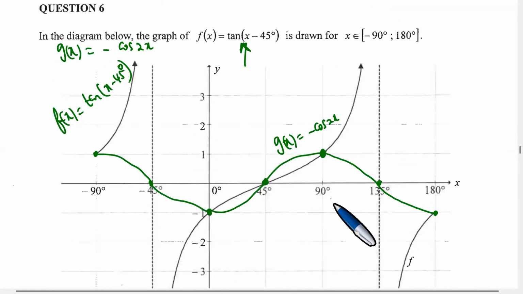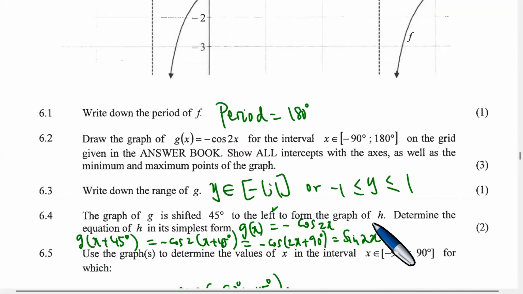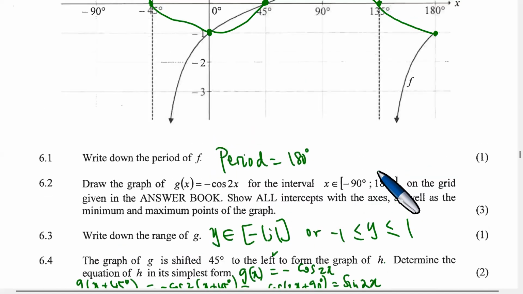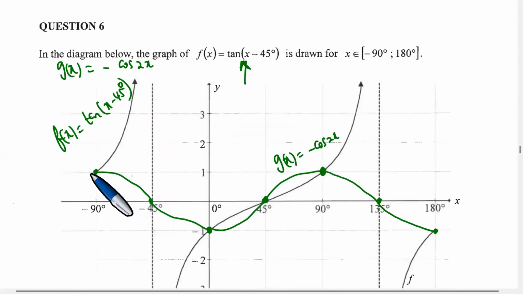So we are looking at things from here to there. It means we are done because it's only here that this function is above 1. Obviously it's also going up here, but the examiner said we must look at the graphs between -90 and 90, so we don't go beyond 90. This one is out of the region of examination.